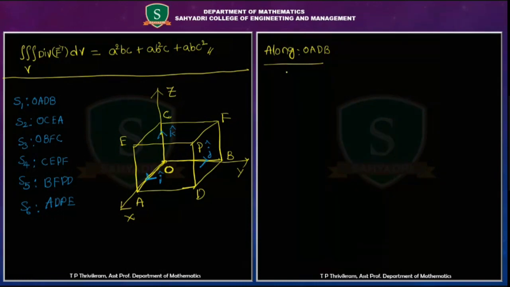So I have to find the integral of F dot n cap dS, right? So surface integral along OADB: F dot n cap dS is equal to the double integral of F. What is F?